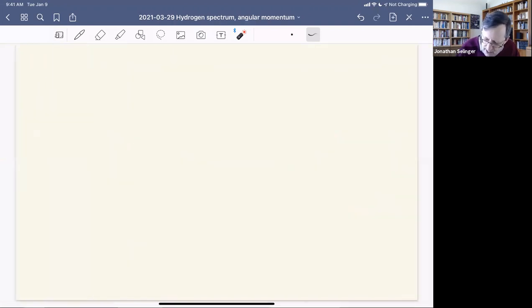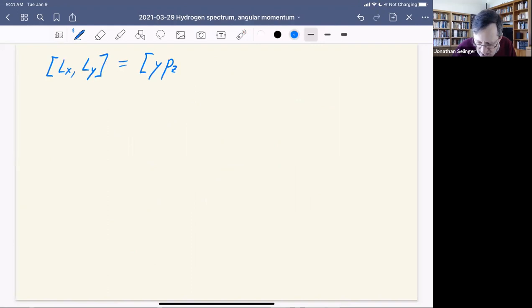Okay, so if we want the commutator of Lx with Ly, let's see, that is y pz minus z py, commutator with z px minus x pz.